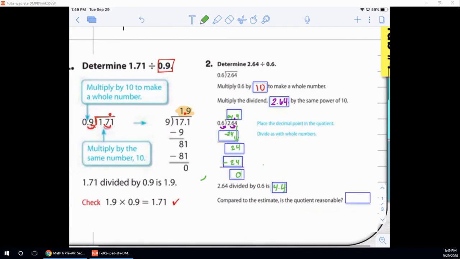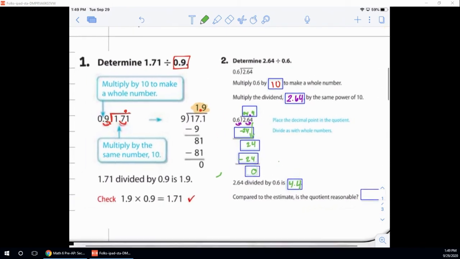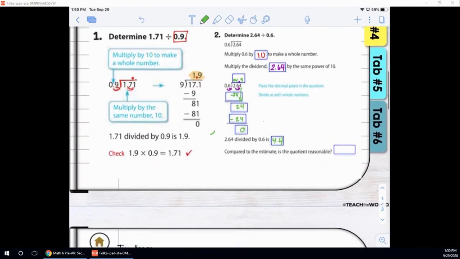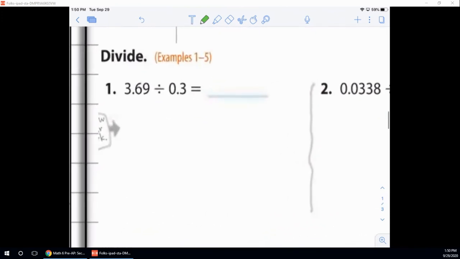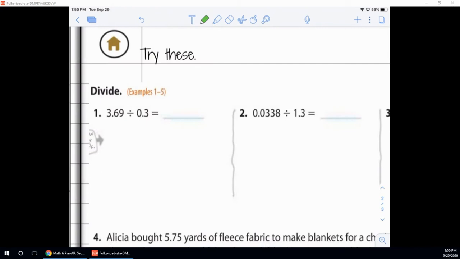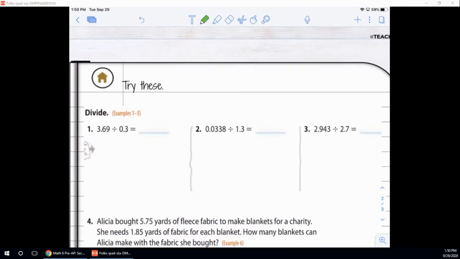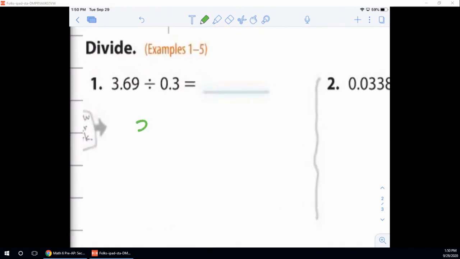Any questions on that part? So again, we multiply the divisor until we get a whole number, and we do the same thing with our dividend. Okay, look at some other examples right here. Now it says try these, but I'm going to go and do one of these. So again, 3 and 69 hundredths divided by 3/10.